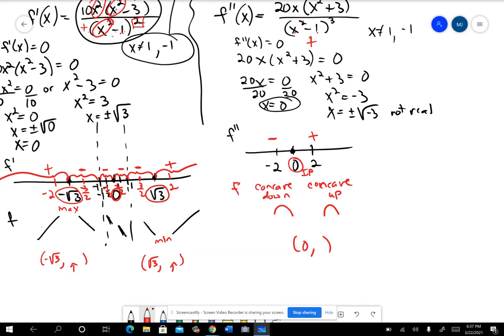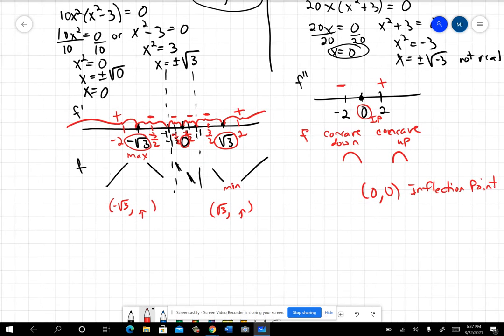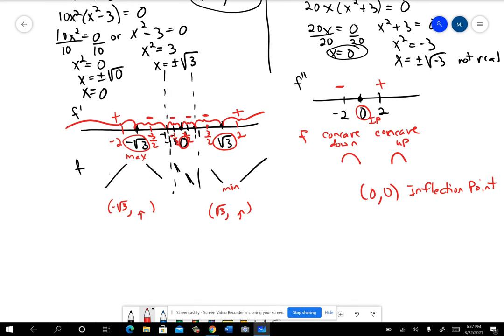So 0, 0, that's going to be an inflection point. All right, and then these are going to be maxes and mins. So let's go back up to that original function and let's plug in the square root of 3 for each of those.